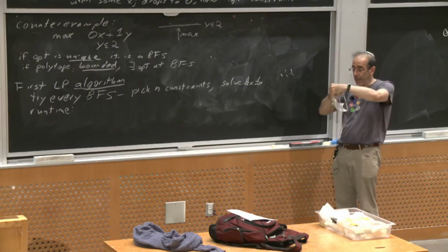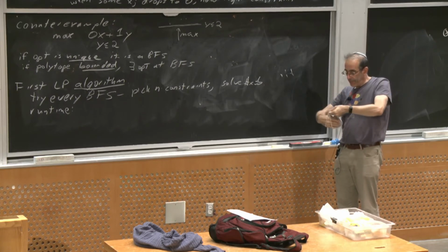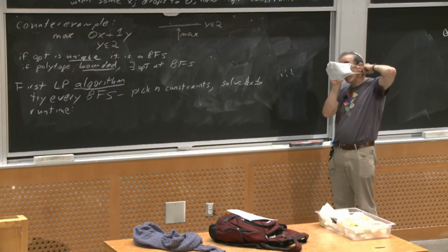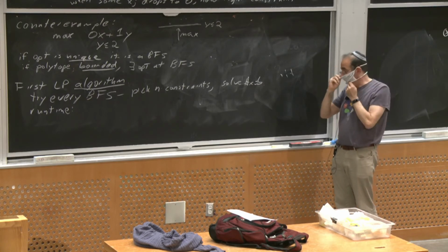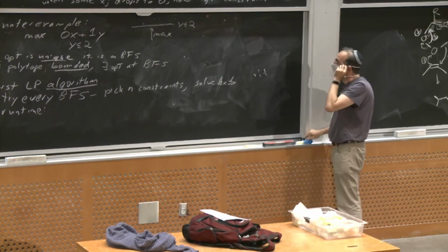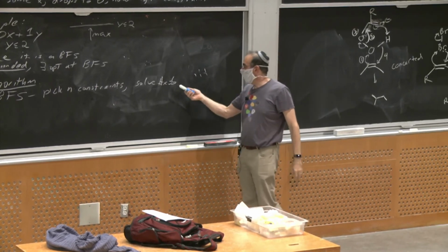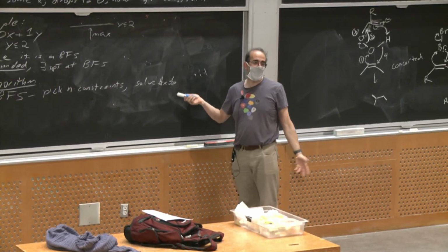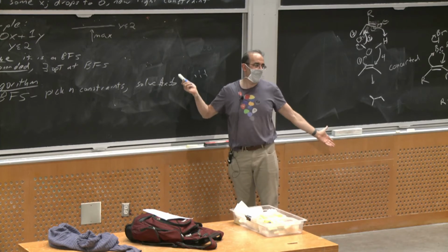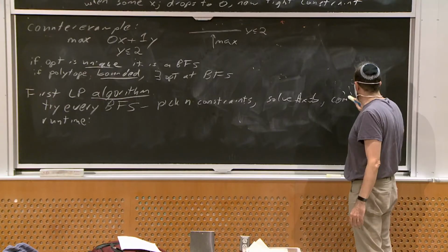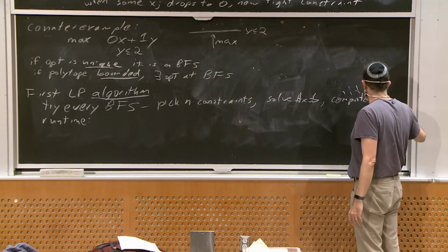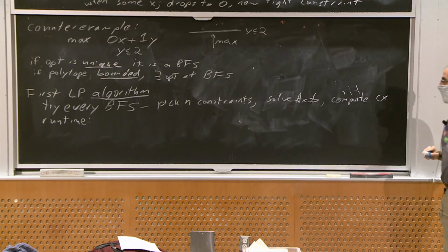No wonder it's giving me a headache. That's better. So the constraints might not be linearly independent, but in that case, it's not a BFS, so I wasted my time trying it anyway. And then I can compute CX. Okay.